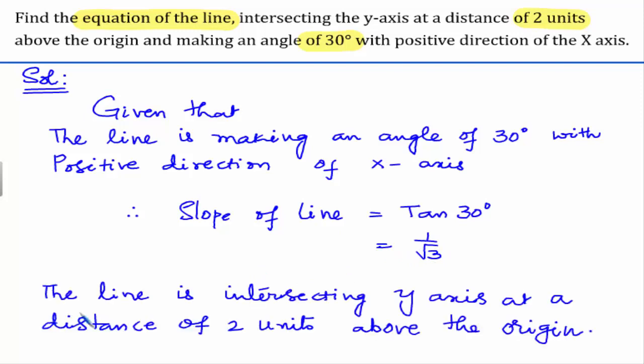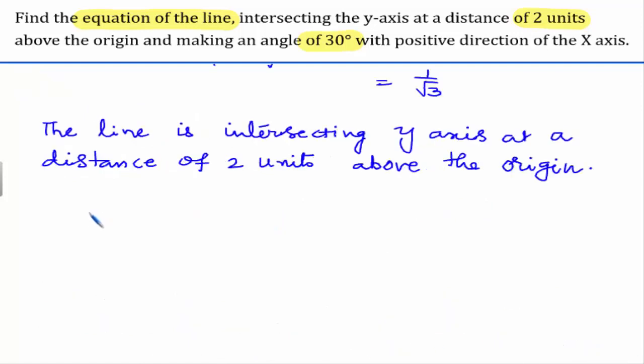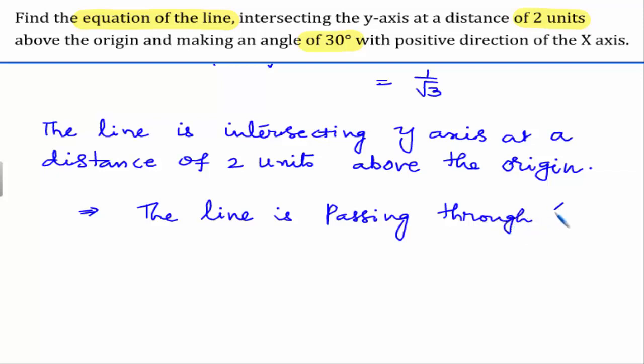It is also given that the line is intersecting the y-axis at a distance of 2 units above the origin. That implies the line is passing through (0, 2). So now we have slope and a point.